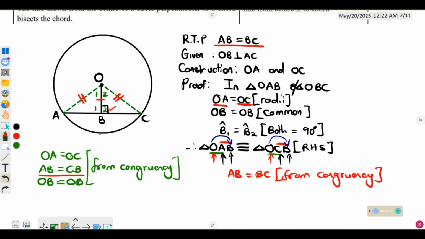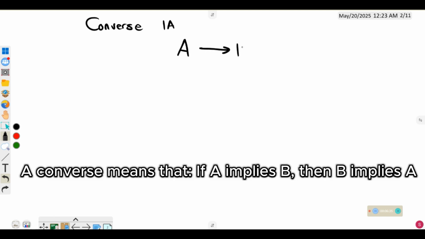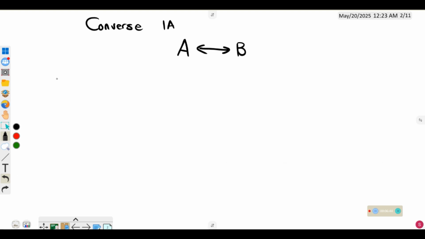Okay, now moving on. There is a converse of this theorem. Now you need to understand what we mean by a converse. If A implies B, then B implies A. Let's think of a scenario. If A is an event such that you have eaten and B is an event such that you are full, if you have eaten, it means you are full.